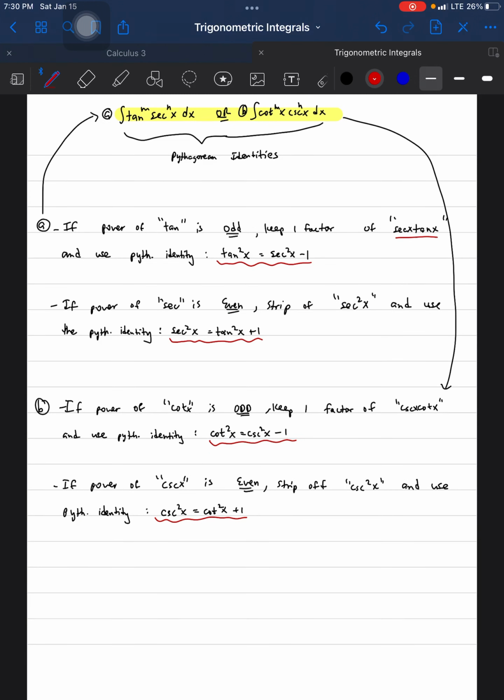So this is what you can use. And you see why I grouped them together. It's because the rules are very similar. We're just using different trig functions.